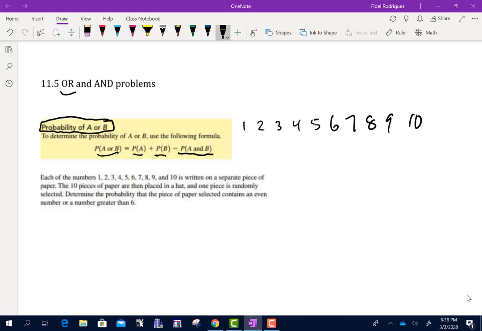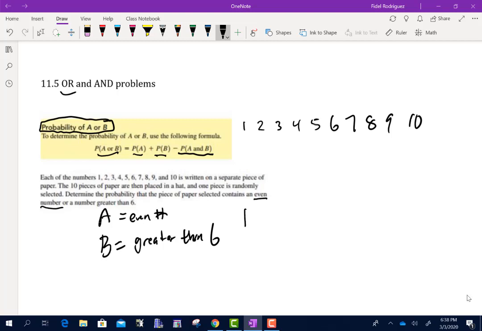Okay, so the first part says determine the probability that the paper has an even number. So A is going to be the event that we get an even number. B is going to be the event that we get a number greater than 6.